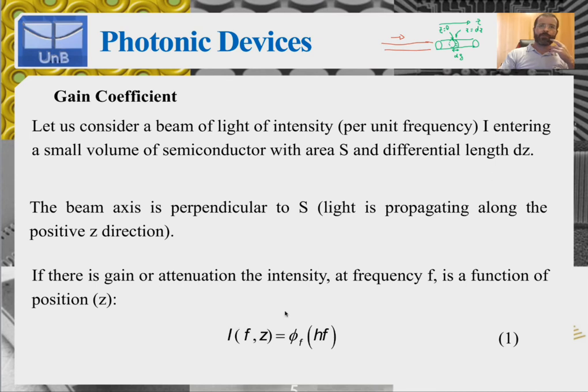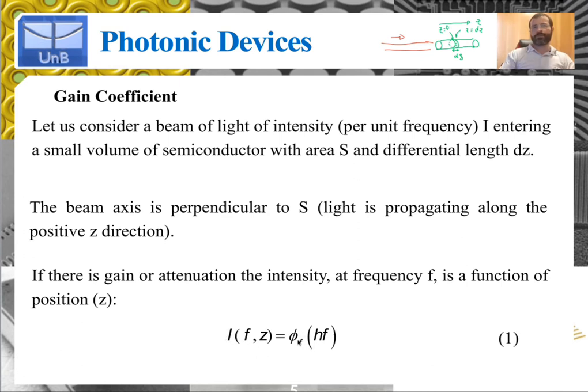And we can write the intensity as a product of the flux density, which, as we saw, is the photon flux density, the number of photons flowing through a cross-sectional area S per unit area per unit time. So this will give us the number of photons per unit time per unit area. The intensity is also power per unit area.